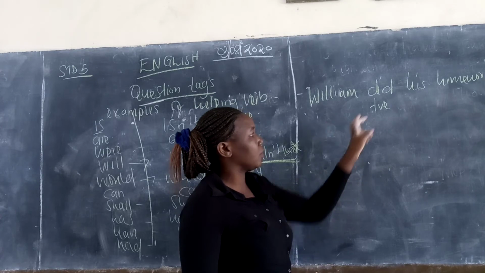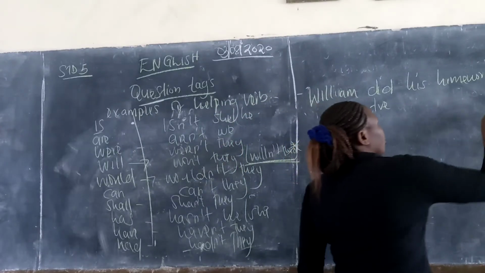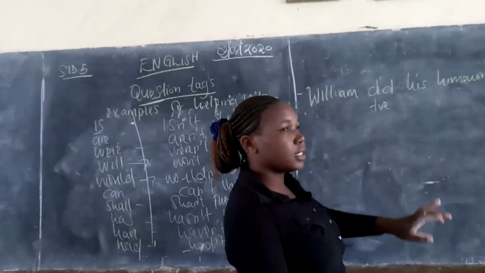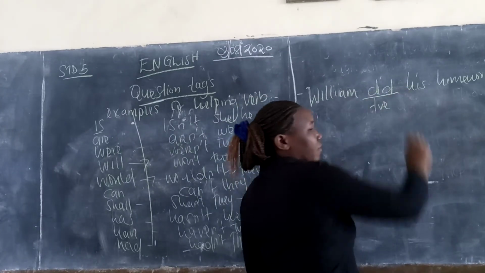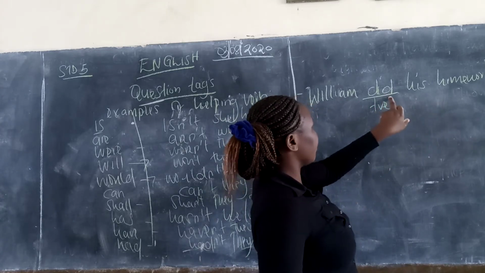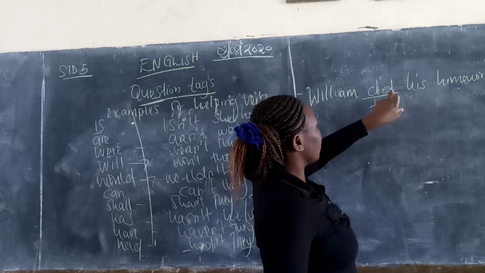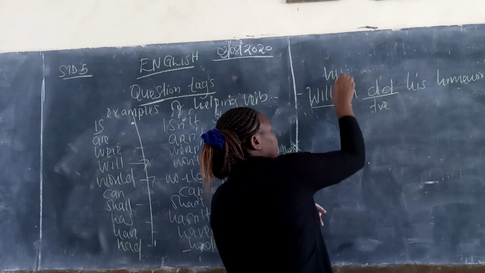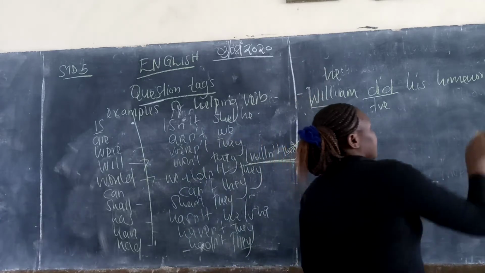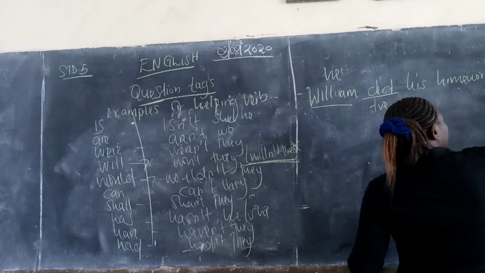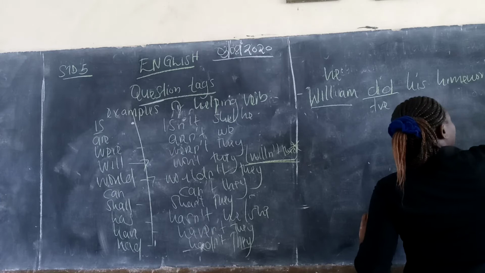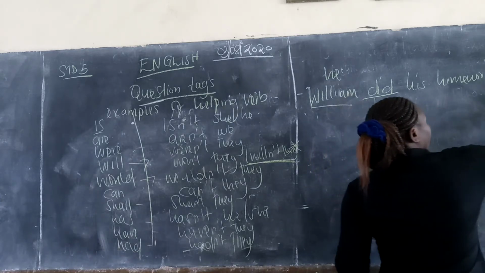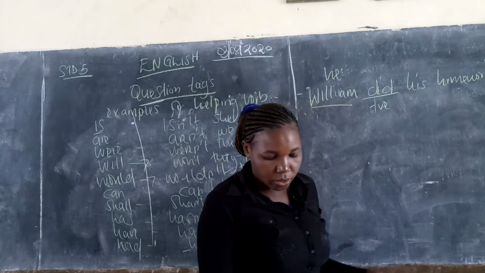Our statement is in positive form, so our answer should be negative. Our auxiliary verb here is did. William is a he. Our answer should be didn't he? You have to put a question tag because it is a question.